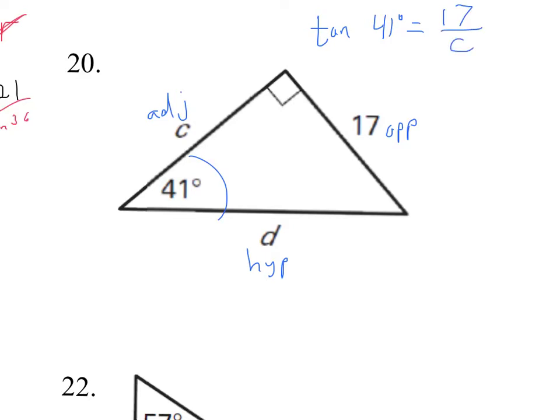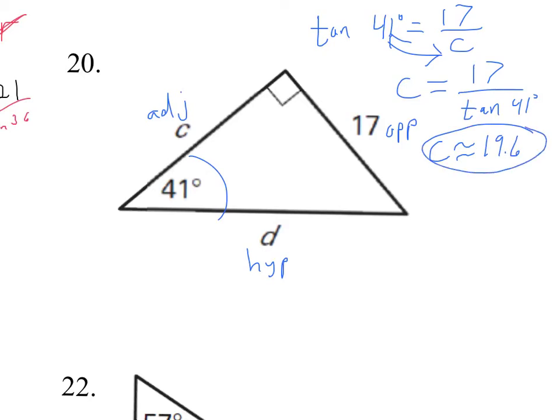Our variable is in the denominator again, so we're going to have these switch places. So we'll just have C equals 17. And this whole thing, tangent 41, now moves to the bottom. And we'll just go ahead and type that into the calculator, 17 divided by tangent of 41 degrees. And you should get 19.6. C is approximately equal to 19.6.